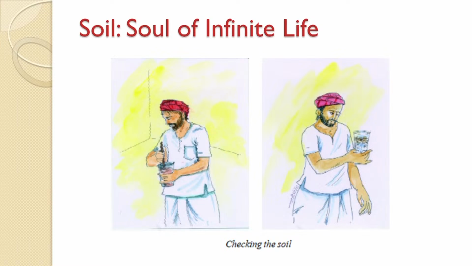Suppose you take soil from your surrounding garden or any field, pour some water into it and stir it for a while. After some time you will notice some leaves or roots floating in the water.